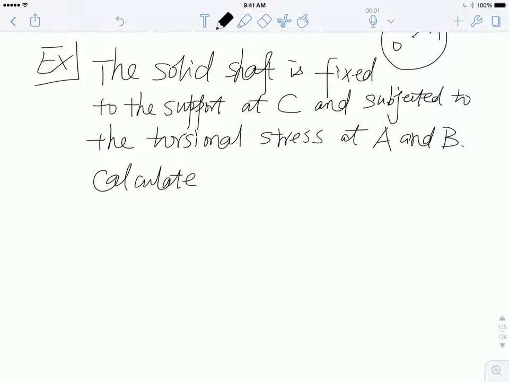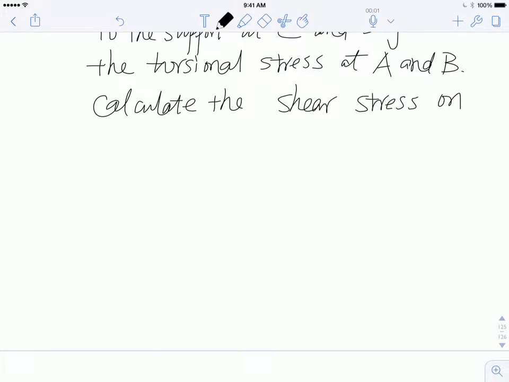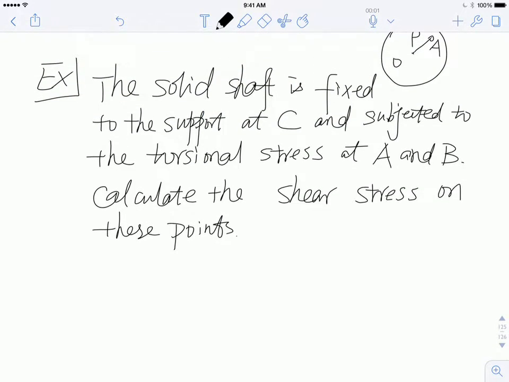Calculate the shear stress at these points. Basically, this is a solid shaft fixed to the support at C, and there's a torque being applied, and it's asking for the shear stress at two points.